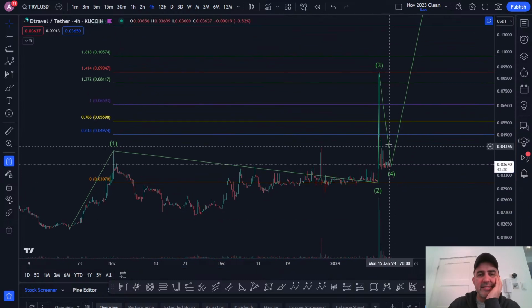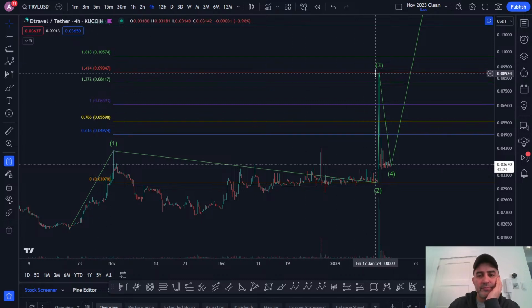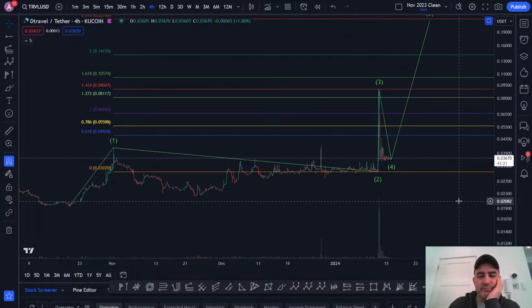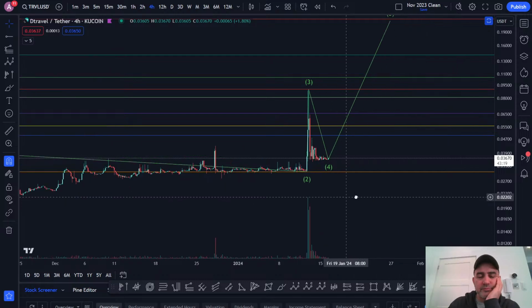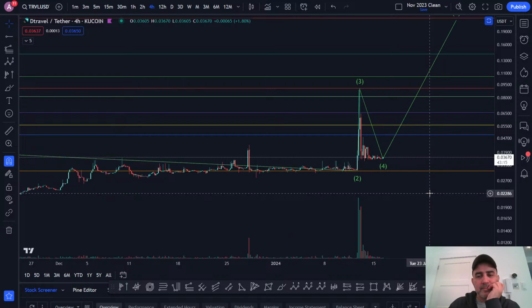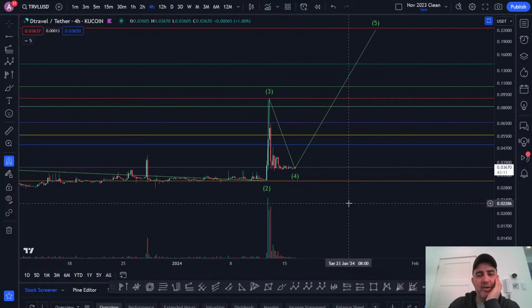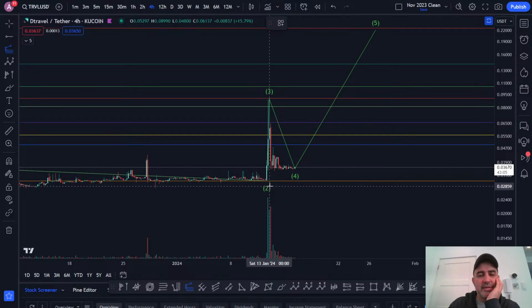In KuCoin, it takes it to the 1.414. That's why I like Gate more. So let's just say on this basis, on KuCoin, you're doing the 1.414. Then the idea is the same thing. So we're going to delete that now.